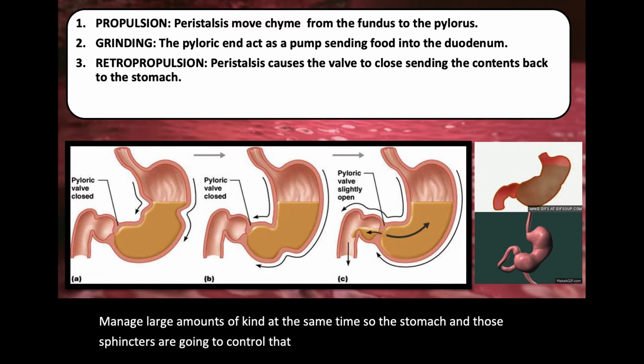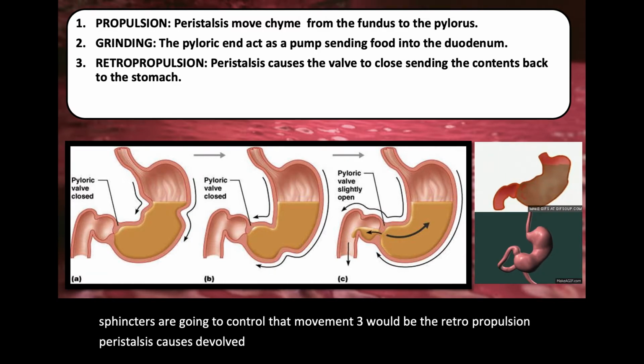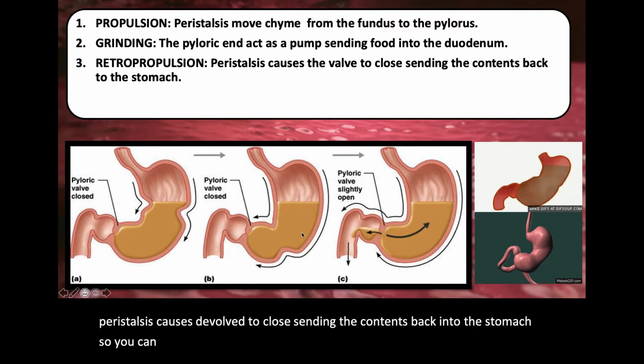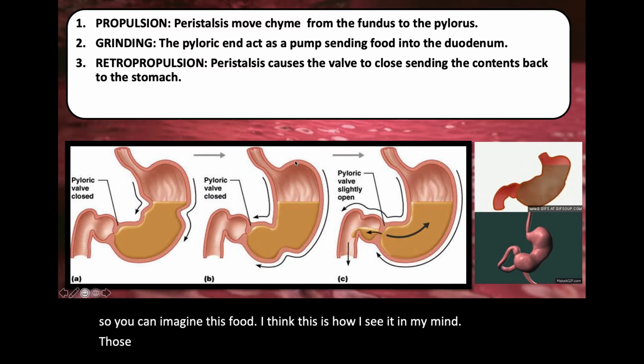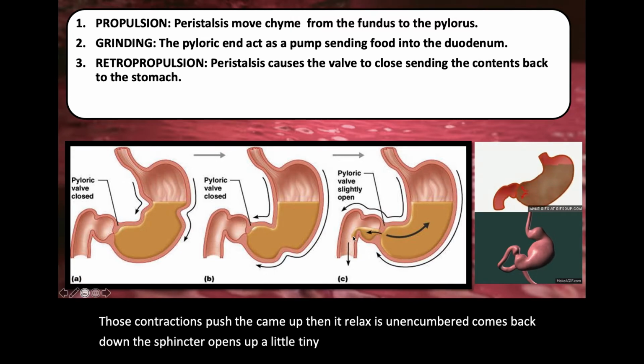Number three would be the retropropulsion. Peristalsis causes the valve to close, sending the contents back into the stomach. You can imagine this food; I think this is how I see it in my mind. Those contractions push the chyme up, then it relaxes and comes back down. The sphincter opens up a tiny bit, so a little bit of chyme goes in.